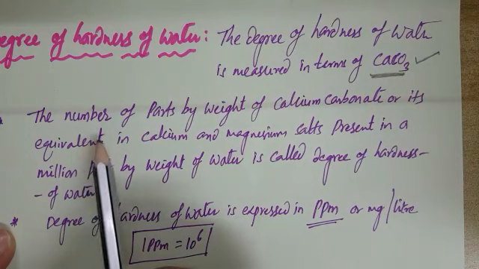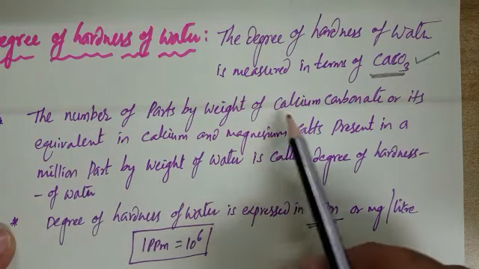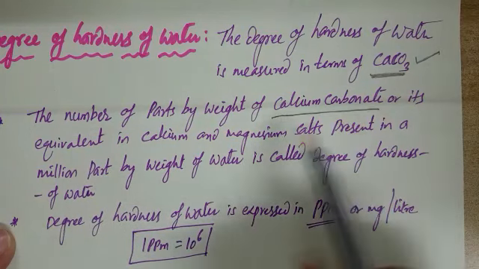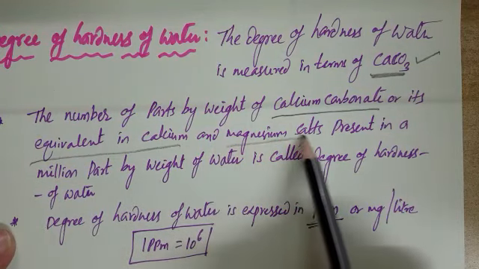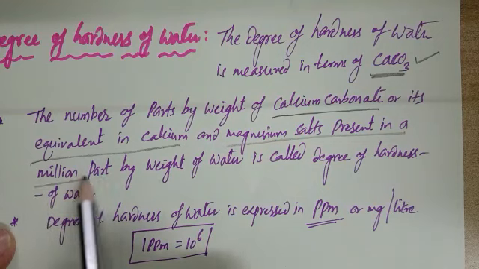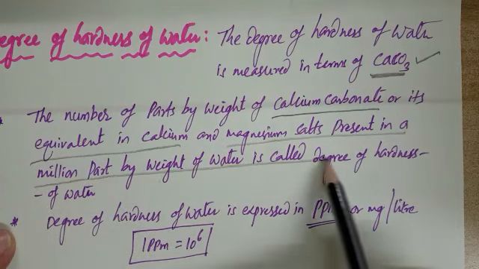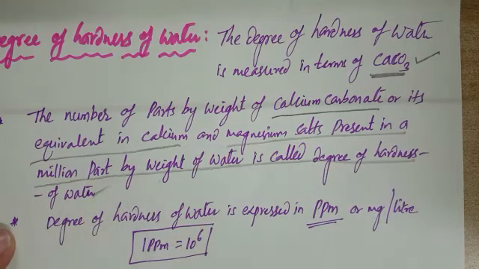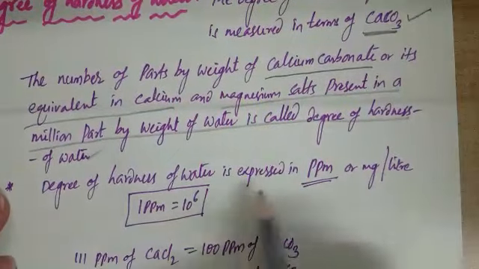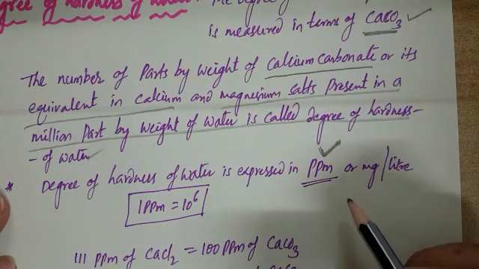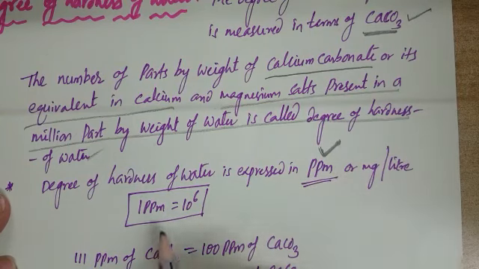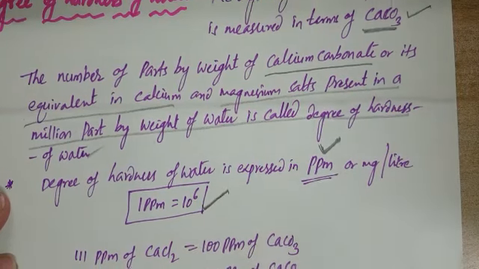The number of parts by weight of calcium carbonate or its equivalent in calcium or magnesium salt present in a million parts by weight of water is called degree of hardness of water. Degree of hardness of water is expressed in terms of ppm, parts per million. 1 ppm is equal to 10 power minus 6.